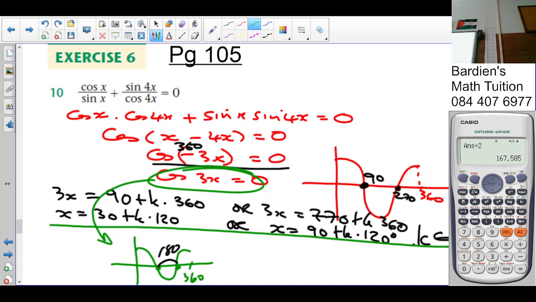So instead of writing two branches, I could have just said 3x is equal to 90 plus k times 180. Okay, divide by 3, so x is equal to 30 plus k times 60 degrees, where k is an element of integers.